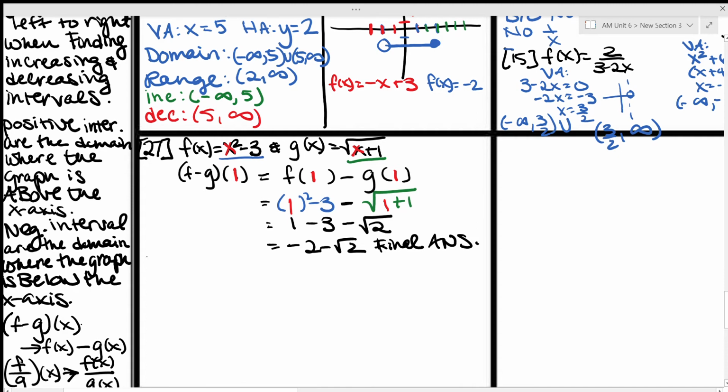Okay. f over g of 3. Same idea. I'm going to move this one down here, 27, because they're the same equations.